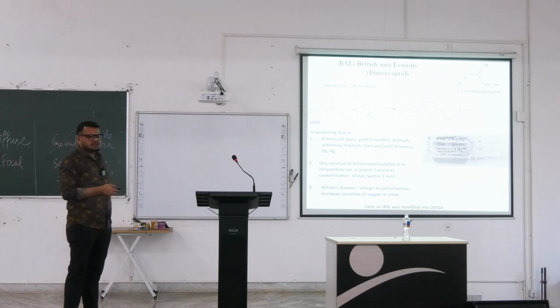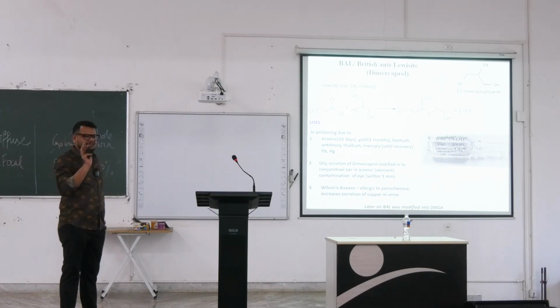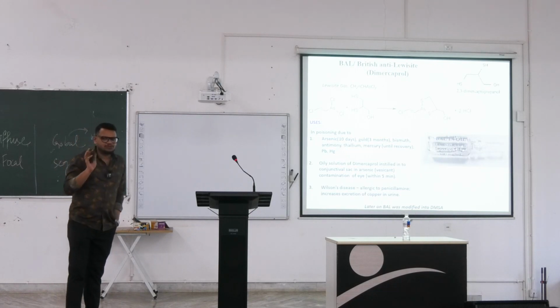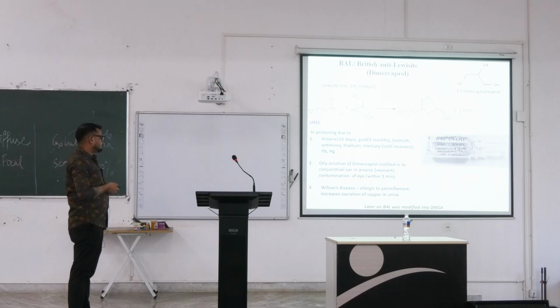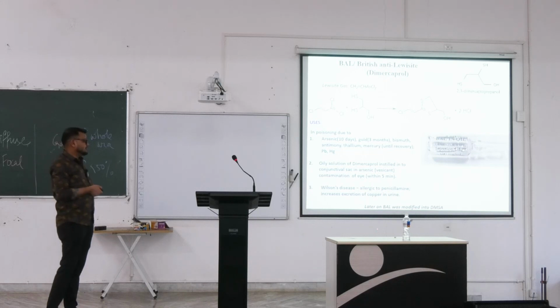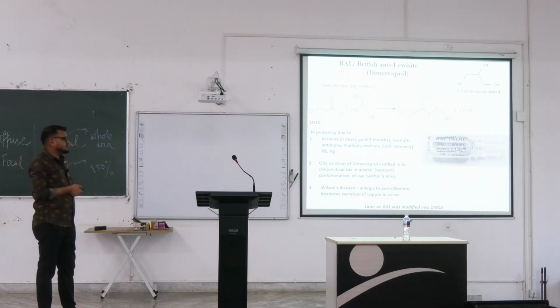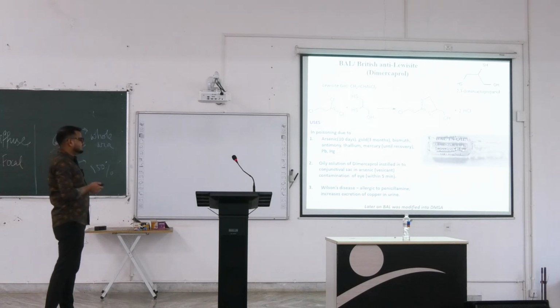Remember this much: it is mainly used in lead poisoning and arsenic poisoning, and it can be used in case of Wilson's disease if the patient is allergic to penicillamine.